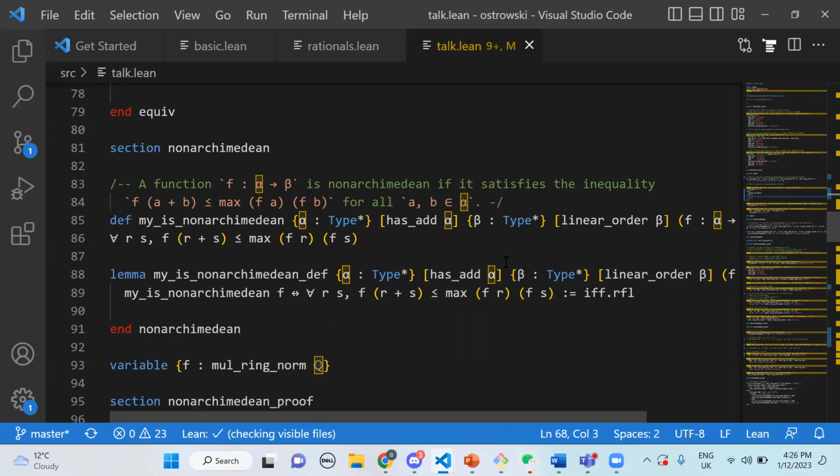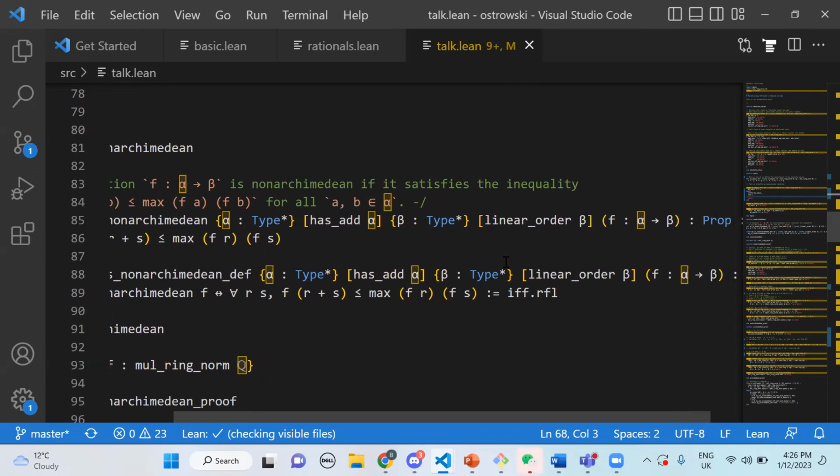It's because when you look at this definition, there's nothing about absolute values. The reason is that we don't actually need to care about whether we define the non-Archimedean property over rational absolute values or not. We just need a function f from alpha to beta.